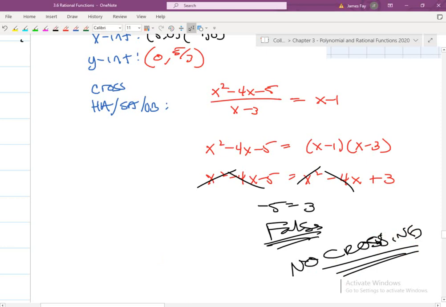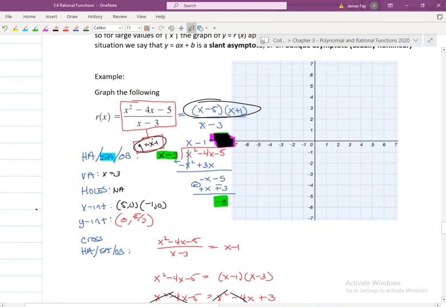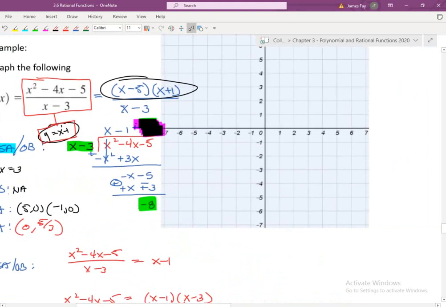Okay? So if there's no crossing, then we have all the information we need to graph this thing. We have a slant asymptote at y equals x minus 1. So we come down here to negative 1, and up 1 over 1. So there's our slant asymptote.